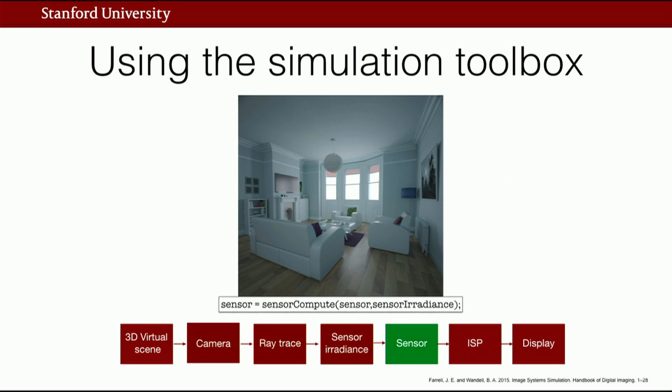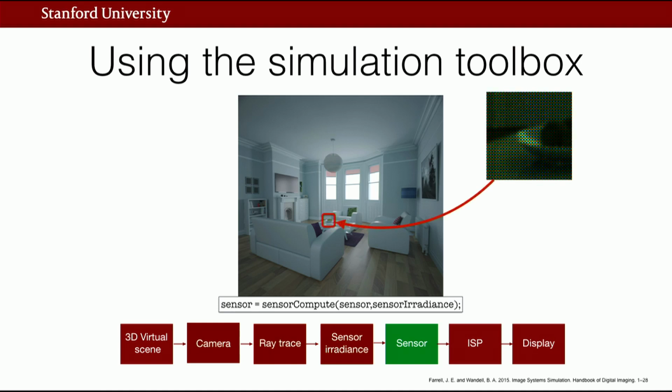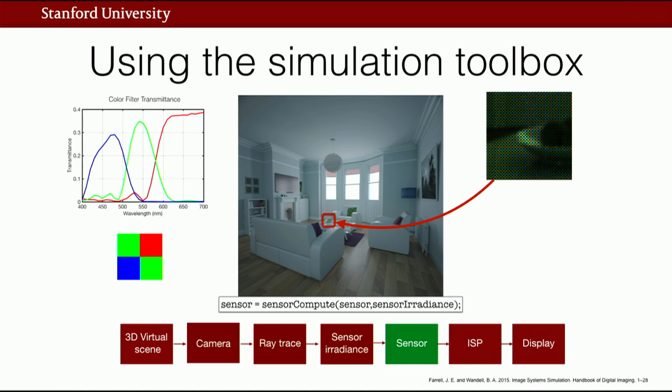Now that we have the sensor irradiance, we want to compute the sensor output. In this step, we're going to simulate the sensor, and we can do that by specifying various parameters, such as the color filters or the filter transmittance. Here we're going to use just a standard Bayer pattern and a standard RGB filter.